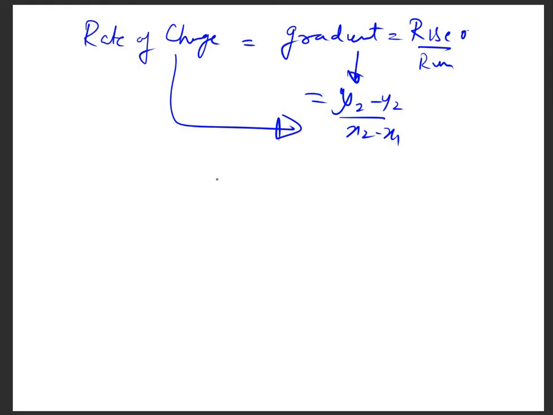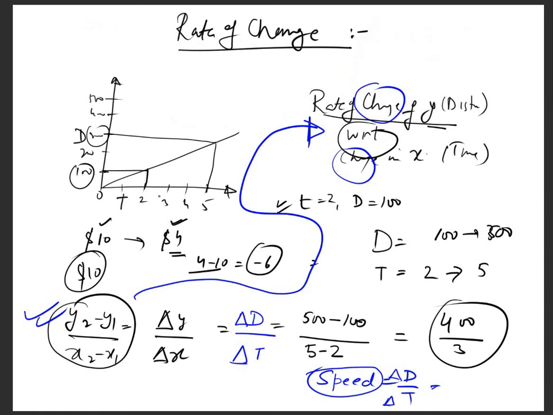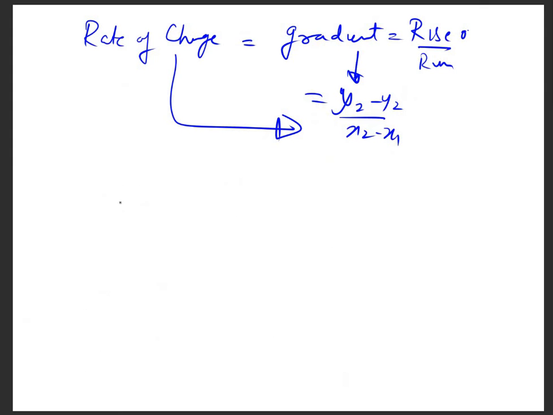Now this is when you have two quantities, x and y, fairly distant apart from each other. In this graph here, they were quite far from each other, you see, the x and the y values. So this is general rate of change, or I also call it average rate of change.